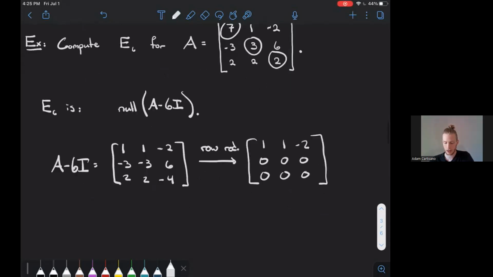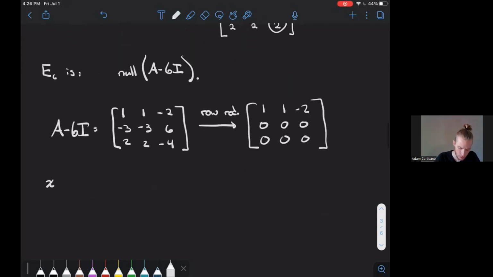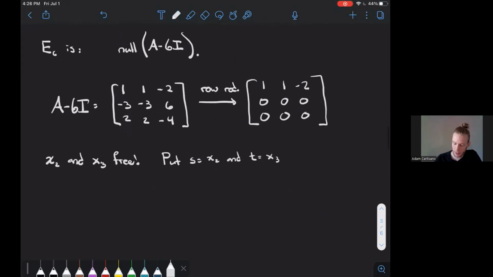So we want to find what the solutions are. Notice x2 and x3 are free. We'll put s equals x2 and t equals x3. And now we have x1 equals negative x2 plus 2x3.